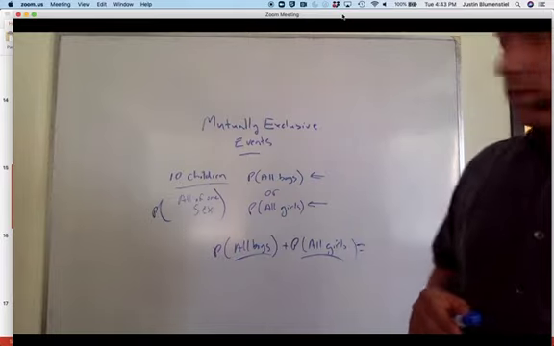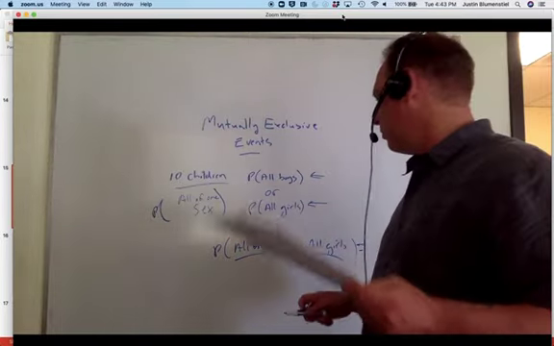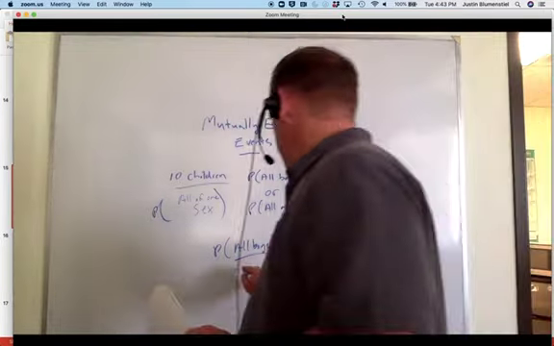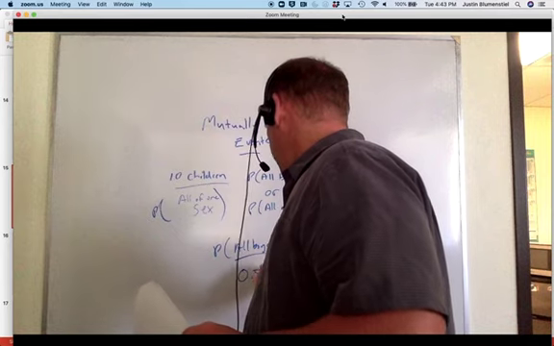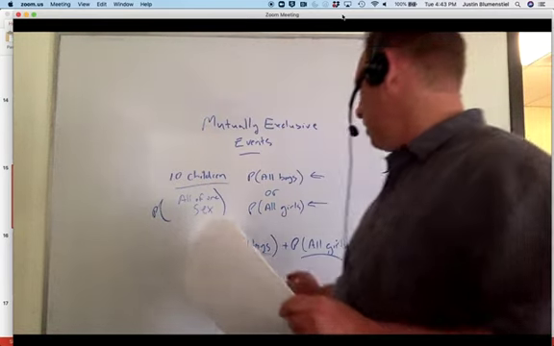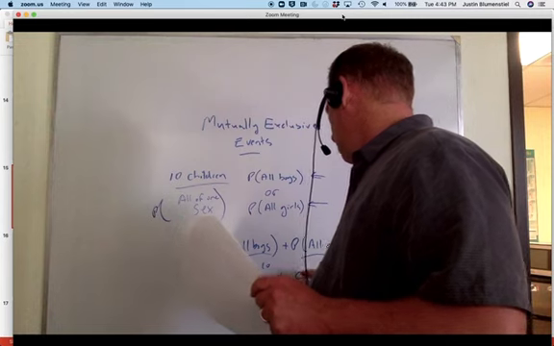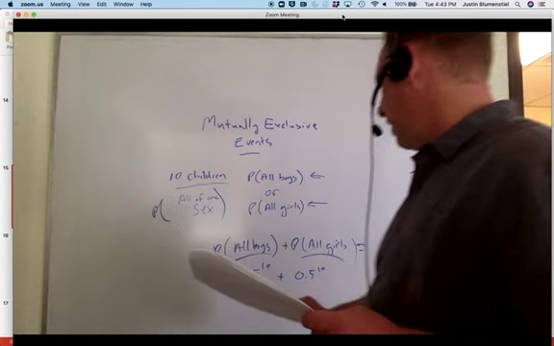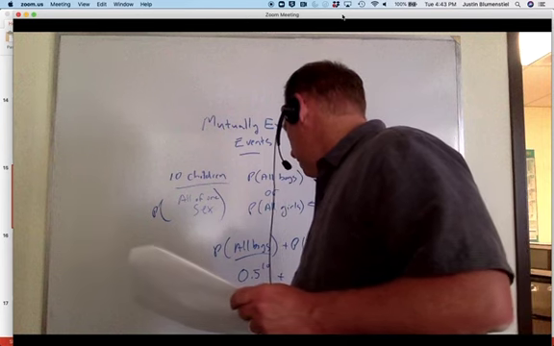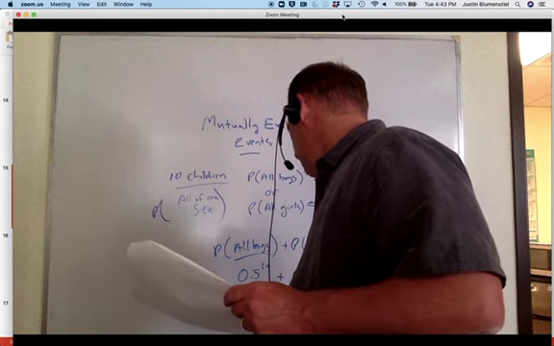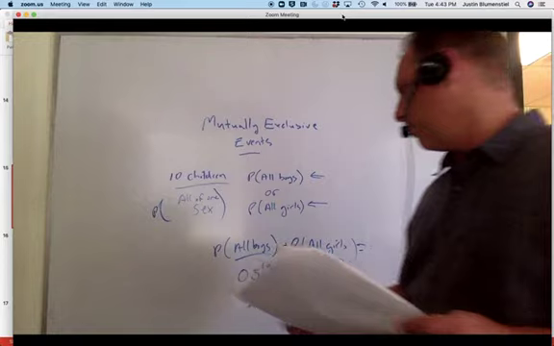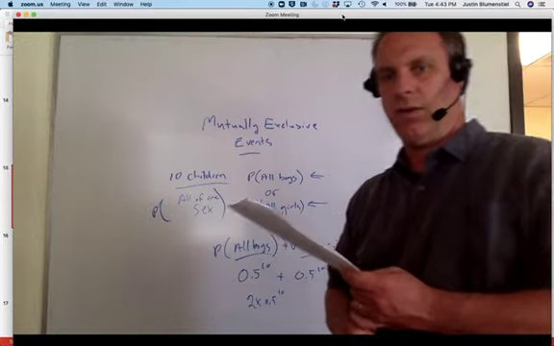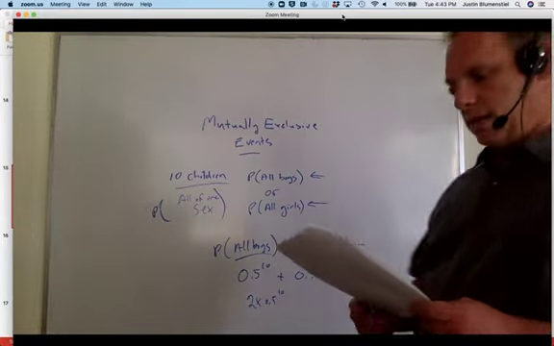Okay, so you can say that that is equal to 0.5 to the 10th, and then that would be also 0.5 to the 10th. So you could say it's 2 times 0.5 to the 10th if you want, or you could simplify it more. I think it will break down into just 0.5 to the 9th.